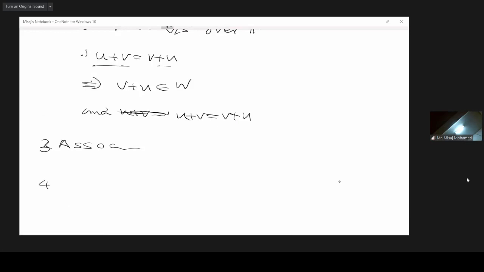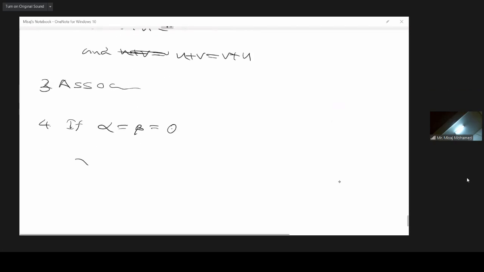So if alpha is equal to beta is equal to 0, what will happen to alpha U plus beta V? Alpha U is 0. Alpha and beta are any scalars, no problem.